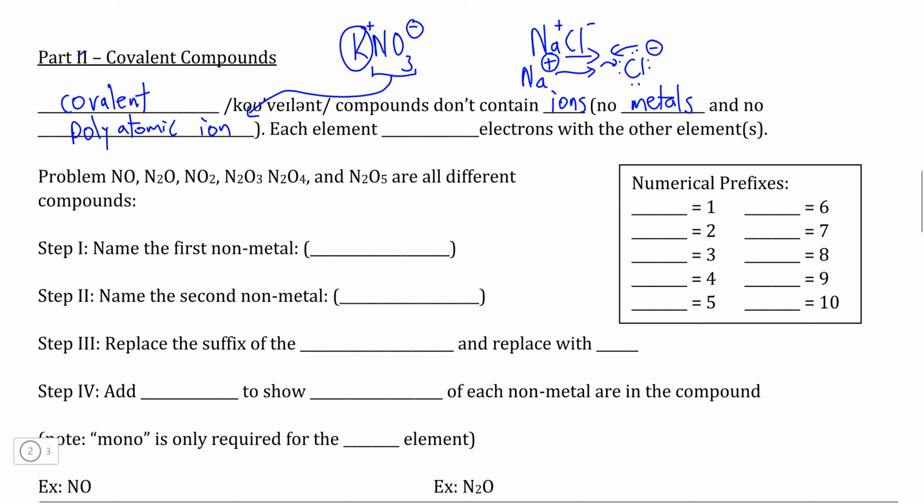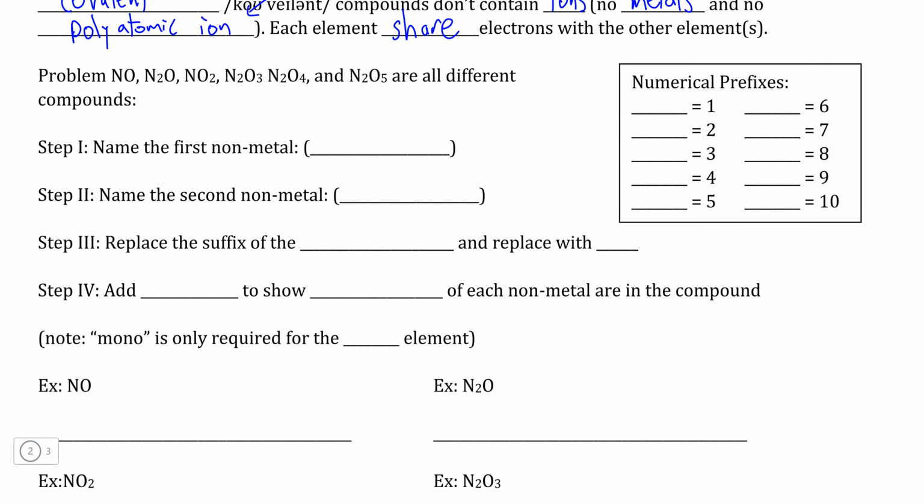Covalent compounds do not form like this at all. Instead, they form by sharing electrons, and this will be explained in future grades. For now, we can learn the naming system, which actually begins identically to the naming system of ionic compounds.